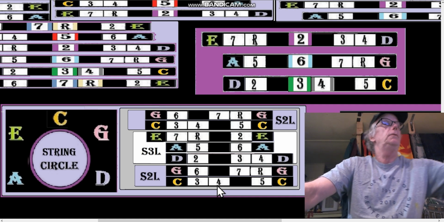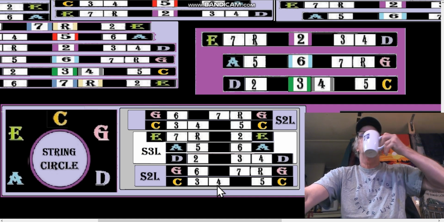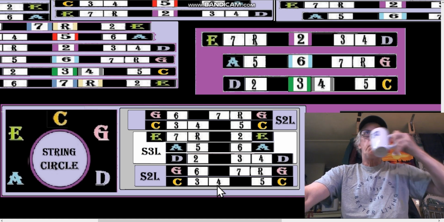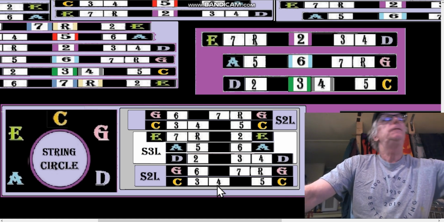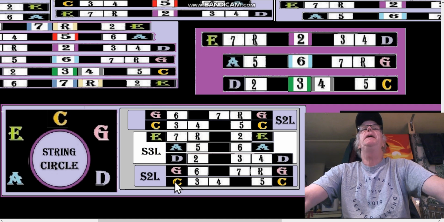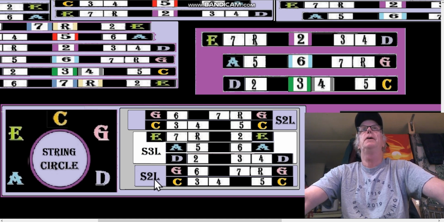Now the new stuff is that we've made a letter assignment for each of the string shapes, which also happens to be each of the shapes in the patterns S2L, stack of 2 long, and S3L, stack of 3 long.